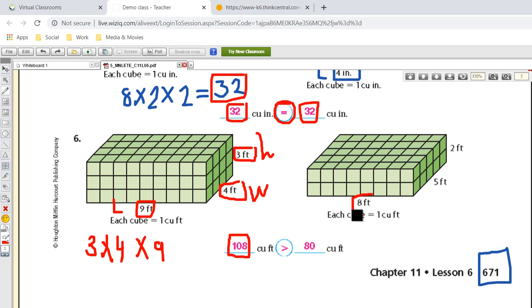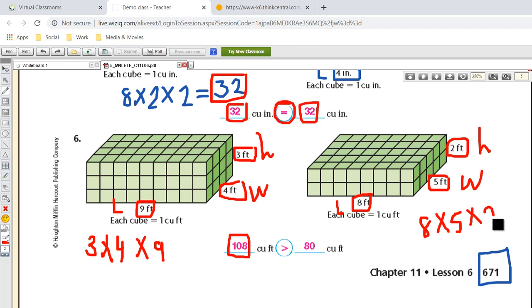The next one, 8 multiplied by 5 multiplied by 2. So multiply them together; it will be here length and width and height. 8 multiplied by 5 multiplied by 2.